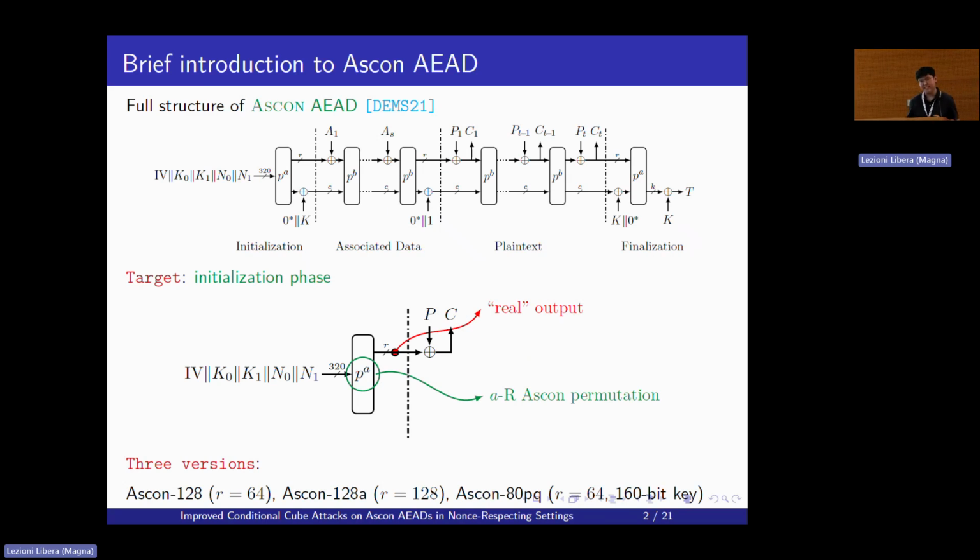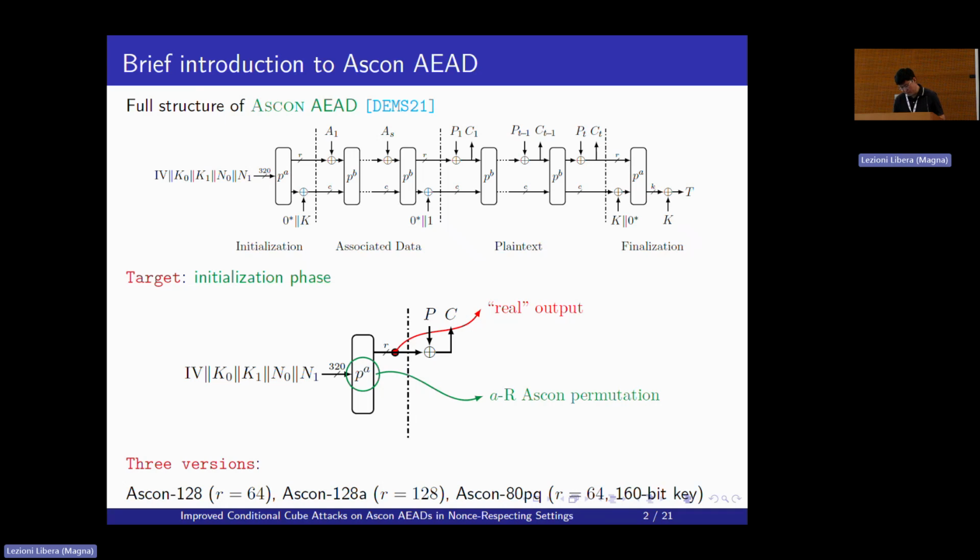ASCON AEAD has been selected as the winner of the NIST LWC competition. Its structure consists of 4 phases, including the initialization, which is the target of our paper. For this target, the input is a 64-bit array, chosen and set as a fixed constant by the designers, K0 and K1 are 128 unknown key bits, and N0 and N1 are the nonces which we can control.